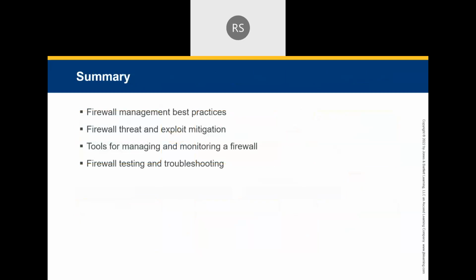So in this chapter, we have talked about firewall management best practices, where you establish written firewall policies, conduct regular risk assessments, and maintain a comprehensive inventory of your firewall configurations and settings. We discussed firewall threats and exploit mitigations. So you mitigate firewall threats by staying updated with patches and updates, avoiding first-generation firewall products, and implementing deny by default policies. We've also discussed the tools for managing and monitoring a firewall.